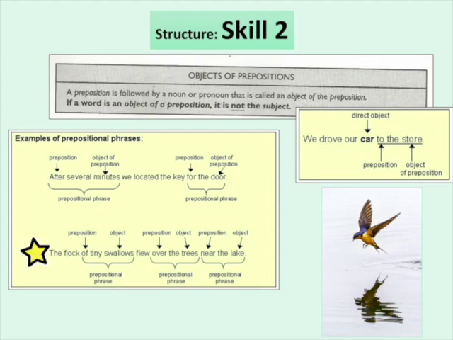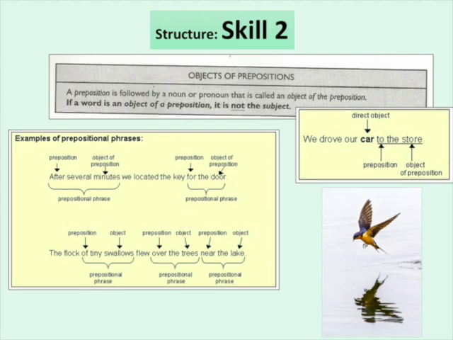Let's look at the next sentence. The flock of teeny swallows flew over the trees near the lake. We see of, that's a preposition. So then swallows here is the object of a preposition. We see another preposition, over. So the noun that comes after it, the trees, is the object of the preposition.